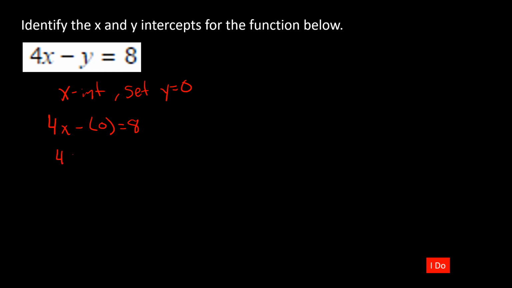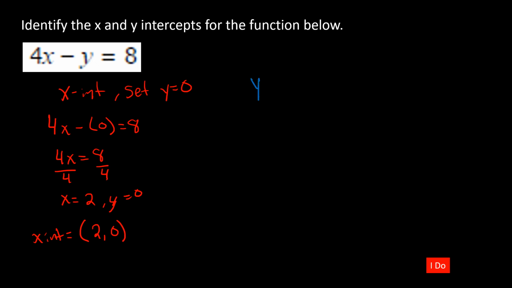We then solve this out. We get 4x equals 8. We divide by 4, and we get x equals 2, when y equals 0. So our point here, our x-intercept, is at (2, 0).